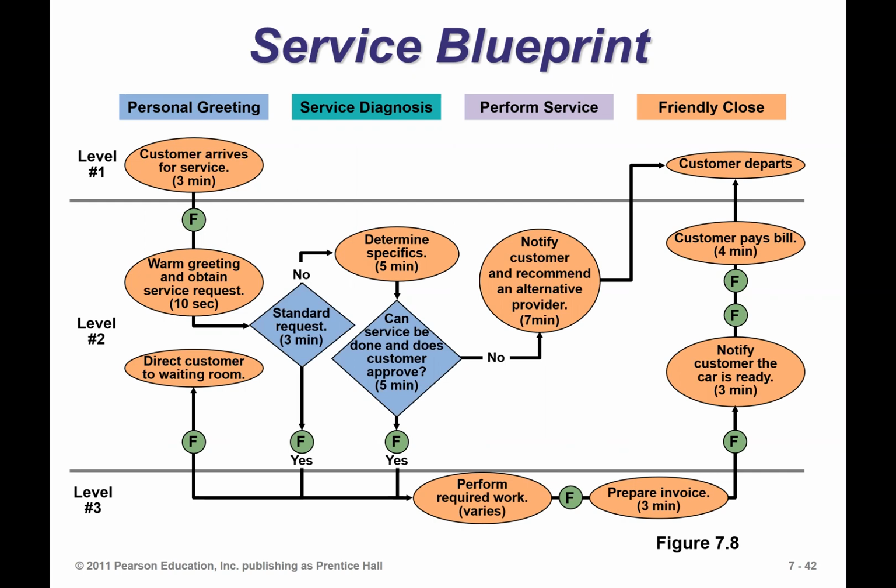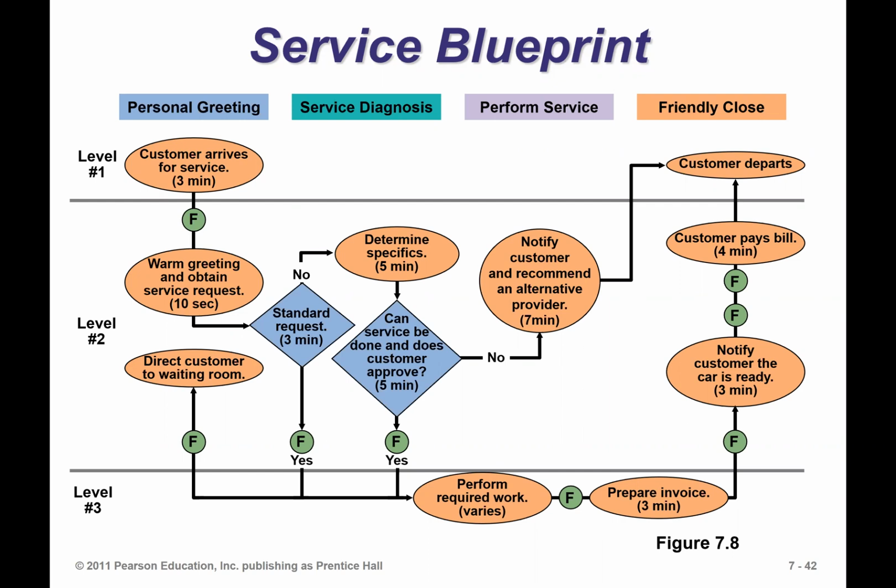Level 1 basically is the customer. At level 2, you're still interacting with the customer. At level 3, you're actually just in your own organization, and you move everything back up to level 1, where the customer is, to make sure the customer gets what they've ordered. All right, so again, it's an introduction to service blueprint.